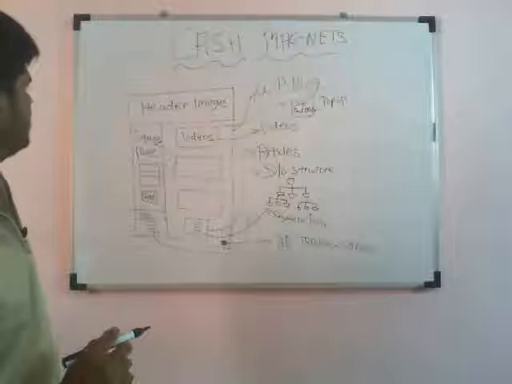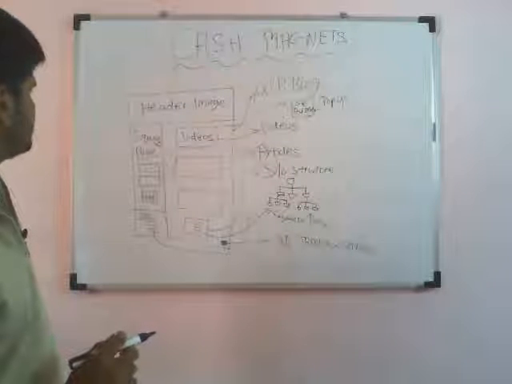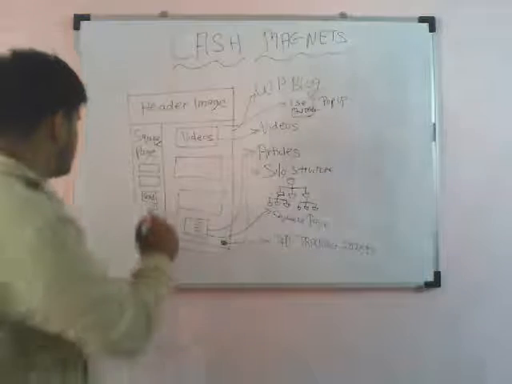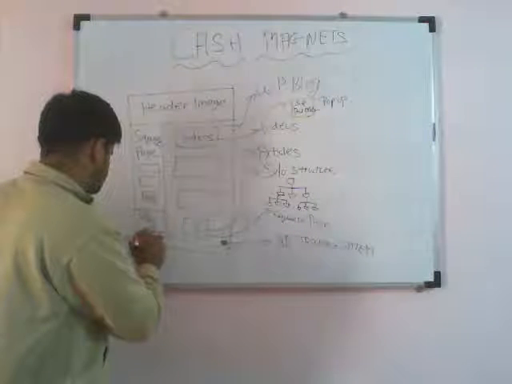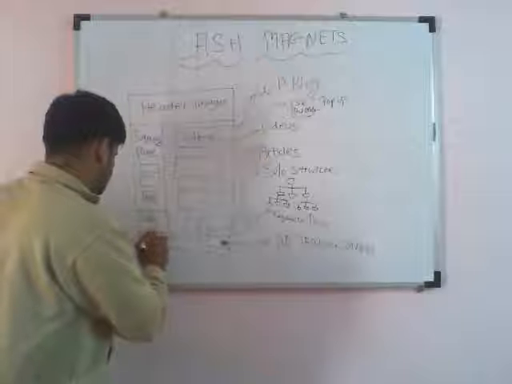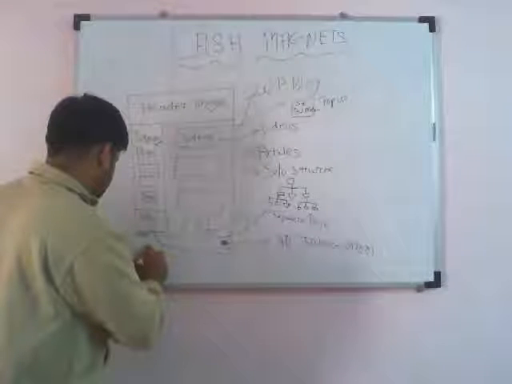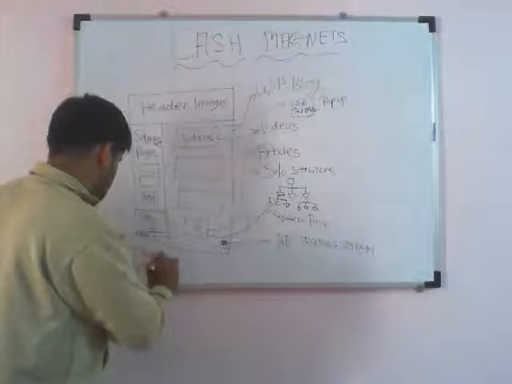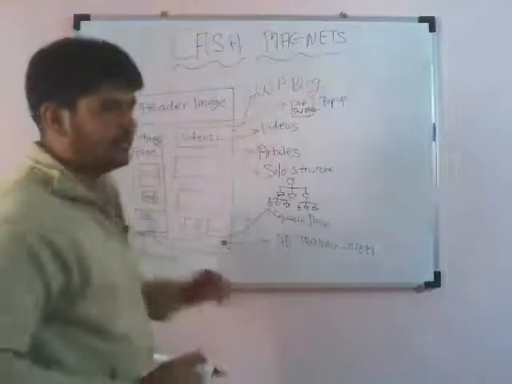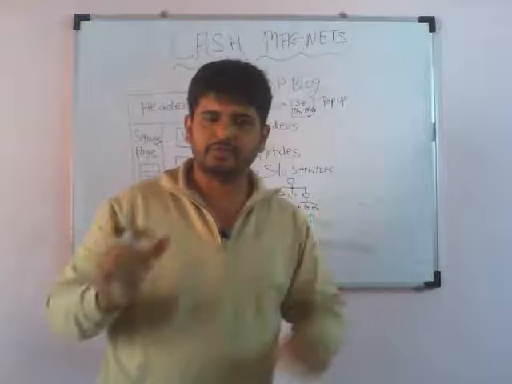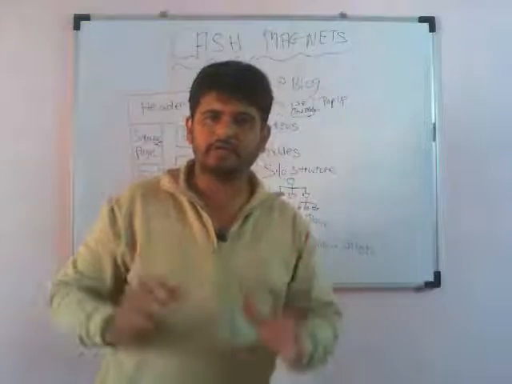Let me think if I'm missing something. Squeeze page, categories. Then you require something called tags. Tags are basically keywords on individual pages of your website, and WordPress actually creates individual pages based on the keywords that you put on each of the pages.